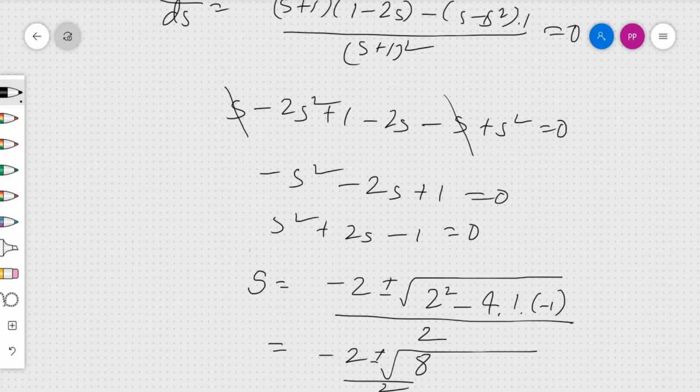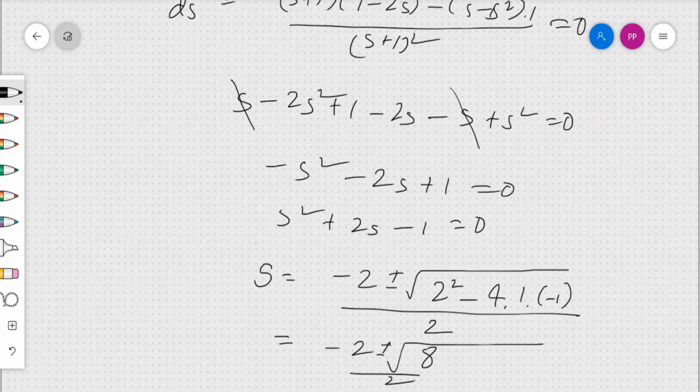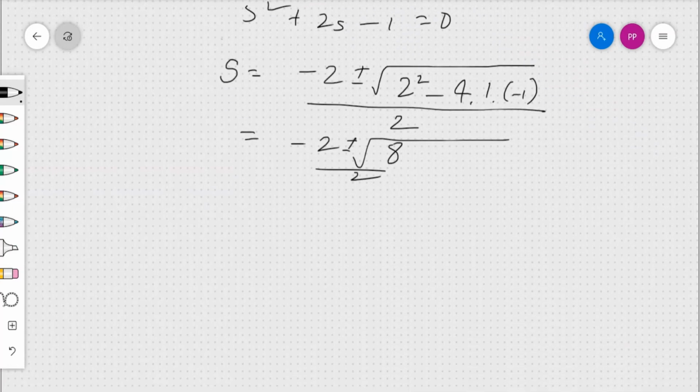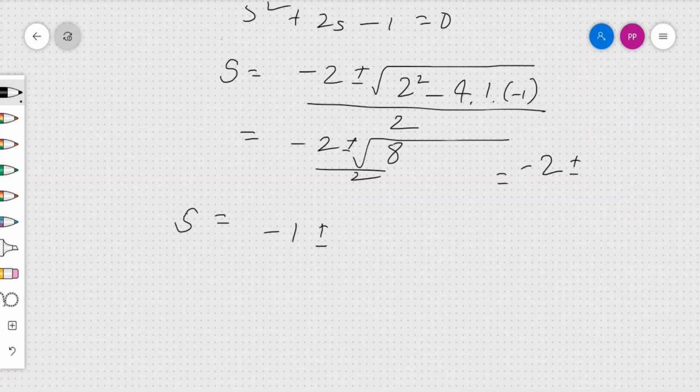So from here we get s equal to minus 1, then this is plus minus, because here you are getting minus 2 plus minus 2 root 2 by 2. So this is minus 1 plus minus root 2.